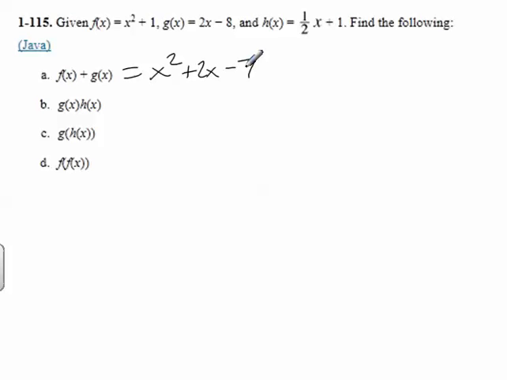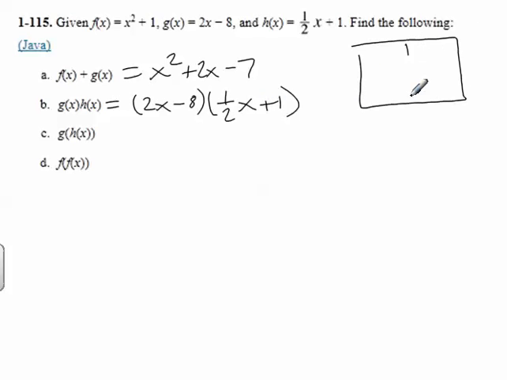B has us doing multiplication, function g, which is 2x, and we need to use parentheses, and function h, 1/2 x plus 1, and we multiply those together. So this is time for FOIL or generic rectangle boxes. How about we do that?